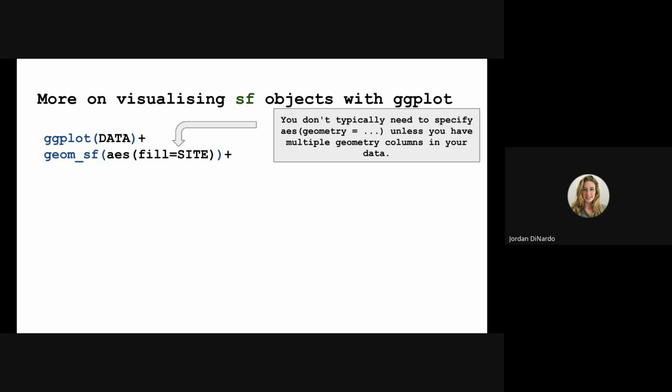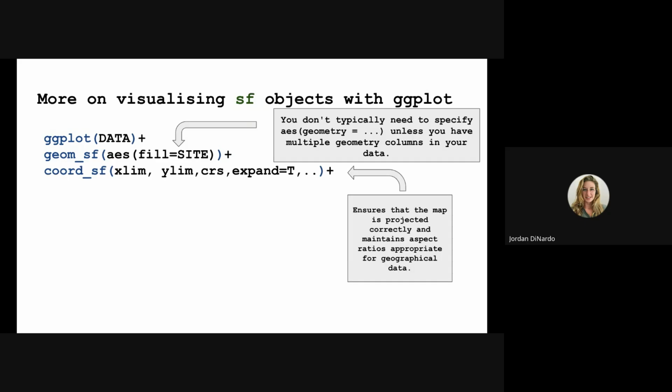What I'm saying in this box here is that unless you have multiple geometry columns, which is a bit worrisome, but if you do, that is when you would identify geometry equals and then indicate the geometry column. But for the most part, you should only have one geometry column within your SF object. So in your aes, you would really just be indicating any color that you want to accentuate across some variable, like site here.